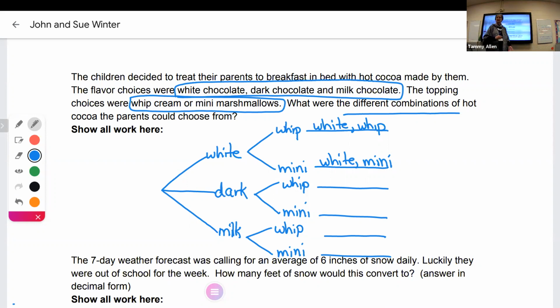All right. I want to take a look at the rubric. So put your pencils down, please. Let's take a look at the rubric, please. The rubric, the 2 points for all work shown and the answer is correct for the first problem, which we did together.